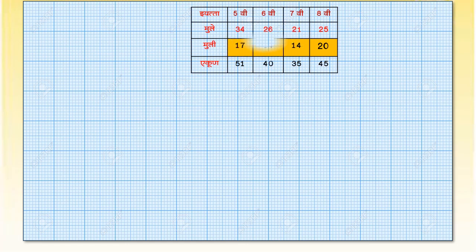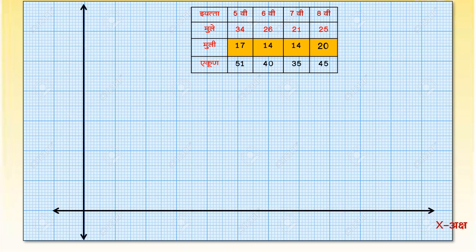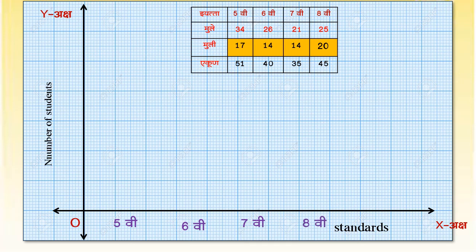Okay, let's complete this graph. This is our table. This is a graph, x-axis, y-axis. On x-axis we are taking standards 5th, 6th, 7th, 8th. On y-axis we are taking students, that is 10, 20, 30, 40, 60 likewise.